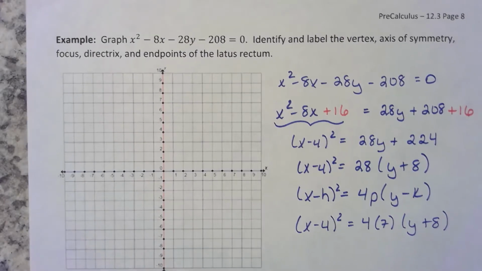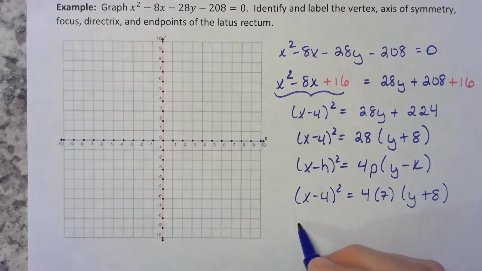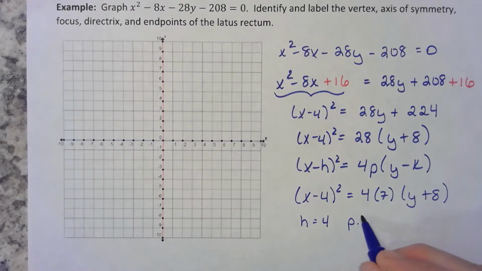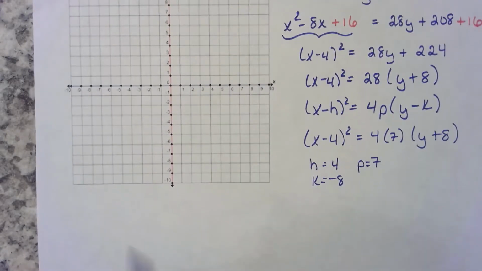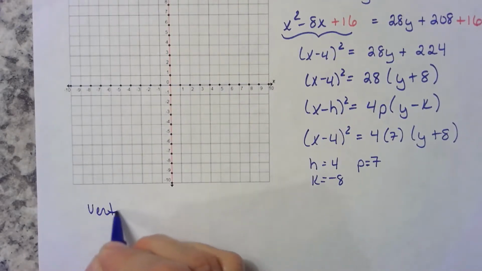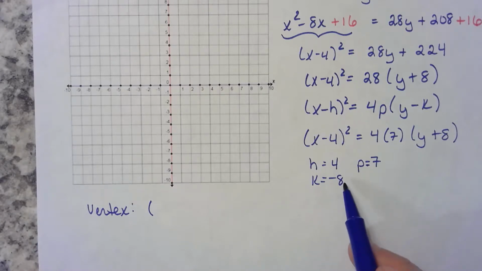That just kind of breaks it up so that we know what all the little pieces are. Here we know that h is going to be 4, p is going to be 7, and k is going to be negative 8. So from all of that, we can get our vertex. Our vertex is (h, k), so we have (4, -8).